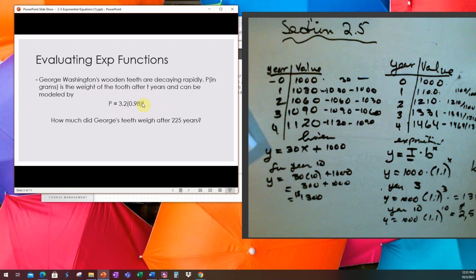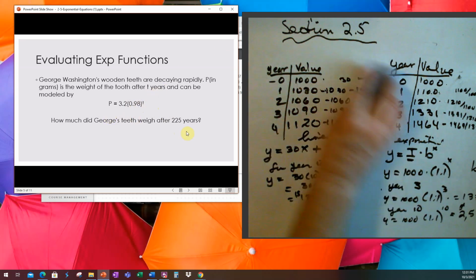The 1 here would always be 3.2, since 1 to any number is just 1. If this base is less than 1, each time I'm multiplying by a fractional amount. So how much did George's teeth weigh after 225 years?